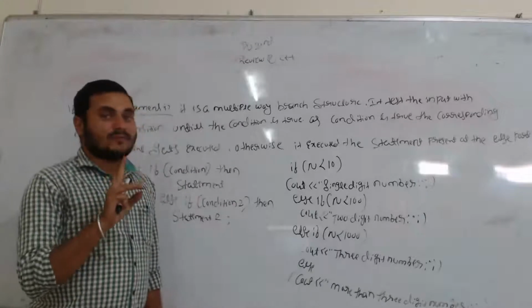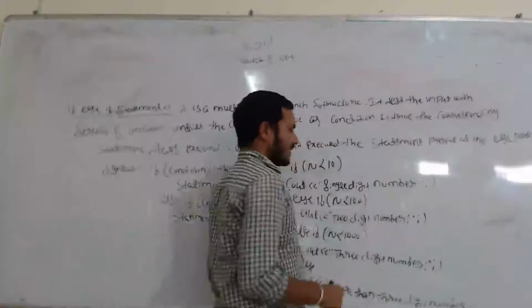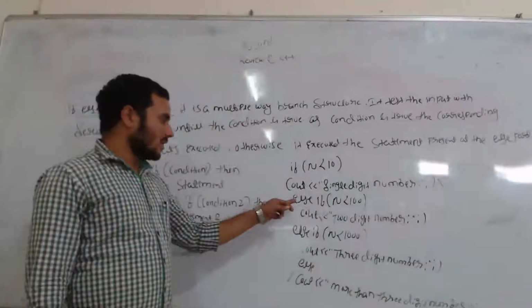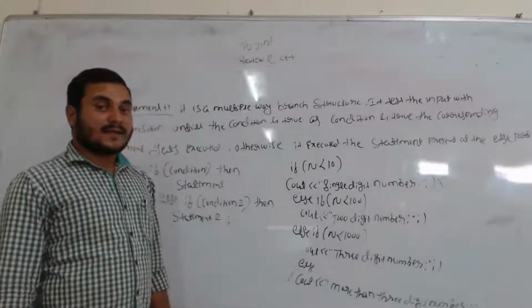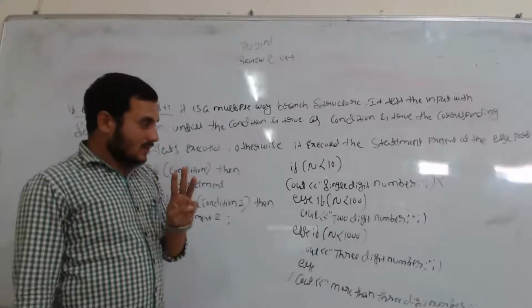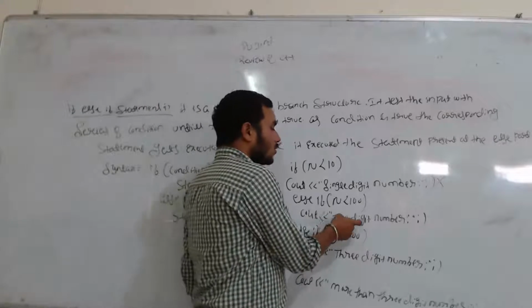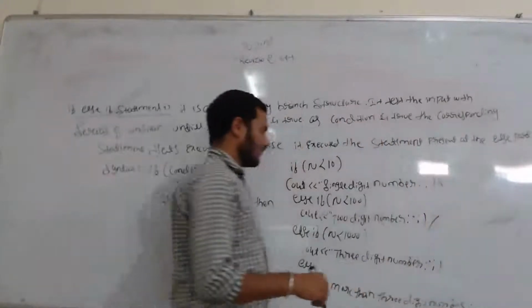The digits present are 2 here, so n less than 10 for a single digit number, this statement will be false.